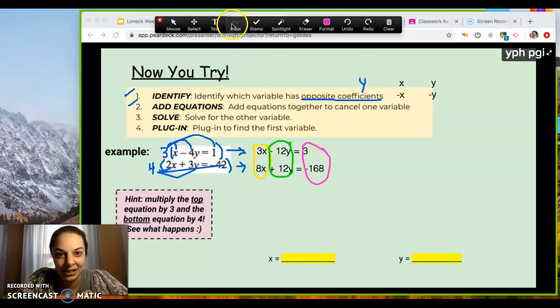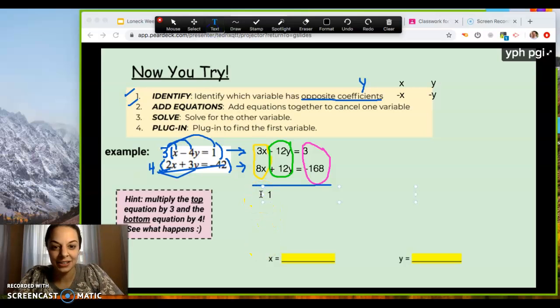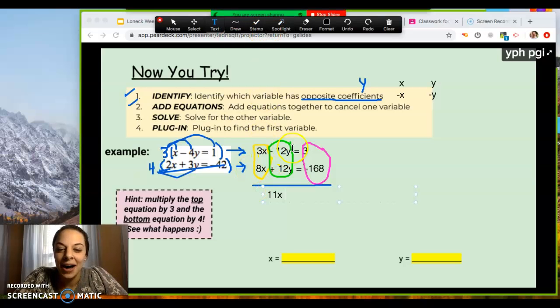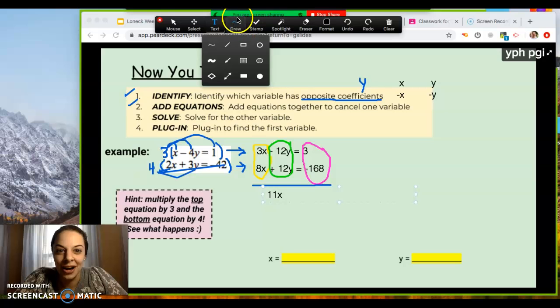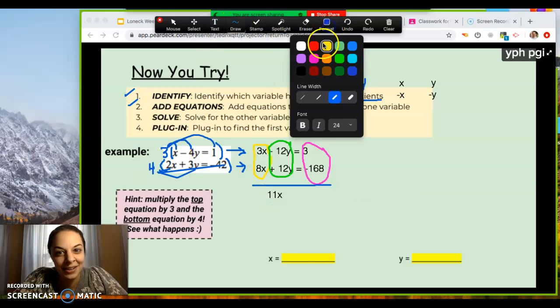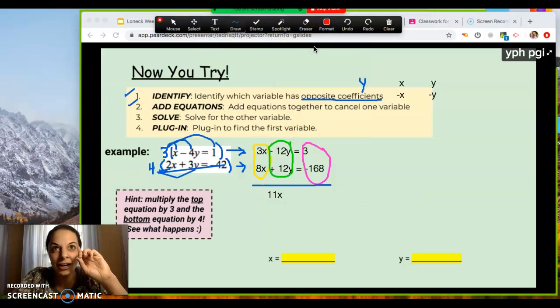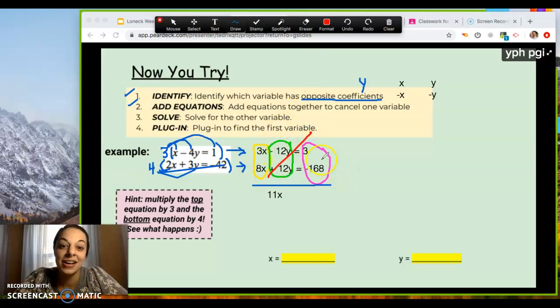We end up getting 3x plus 8x, which is 11x. The minus 12y and plus 12y, if you think about it, negative 12y and a positive 12y, they cancel each other out. They get eliminated. The y gets eliminated in this step.